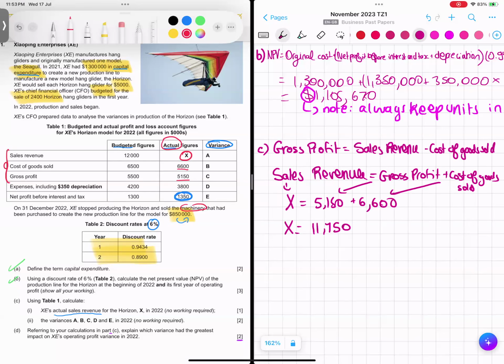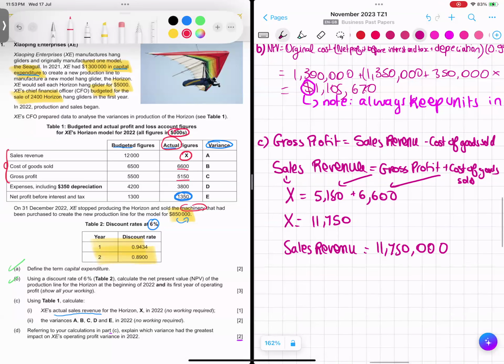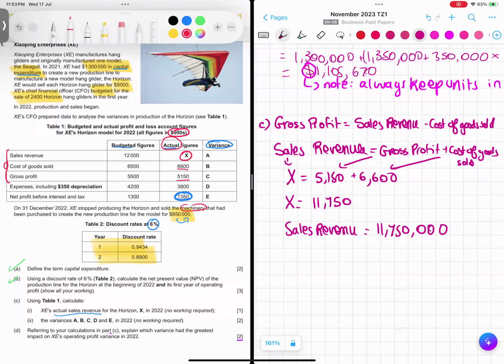And then sales revenue equals 11,750, and we can add a 30 because keep in mind, this is in millions. But this is our final answer. Really simple mathematical equation. You just have to know this formula and that's it. Now, gross profit is not in the formula booklet, so you guys have to make sure that you know that formula.